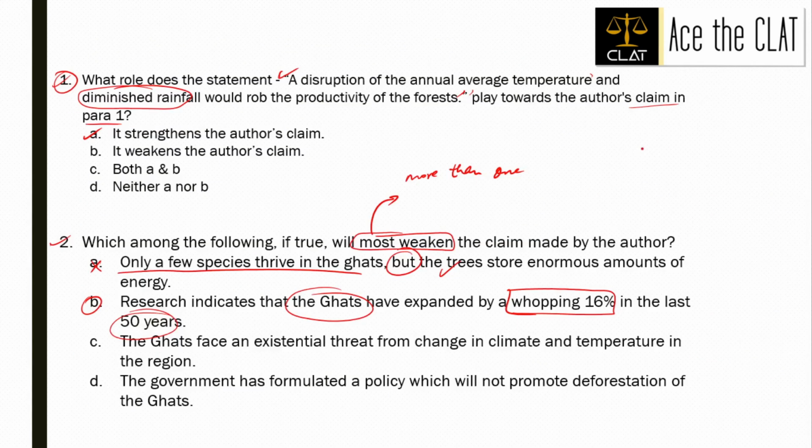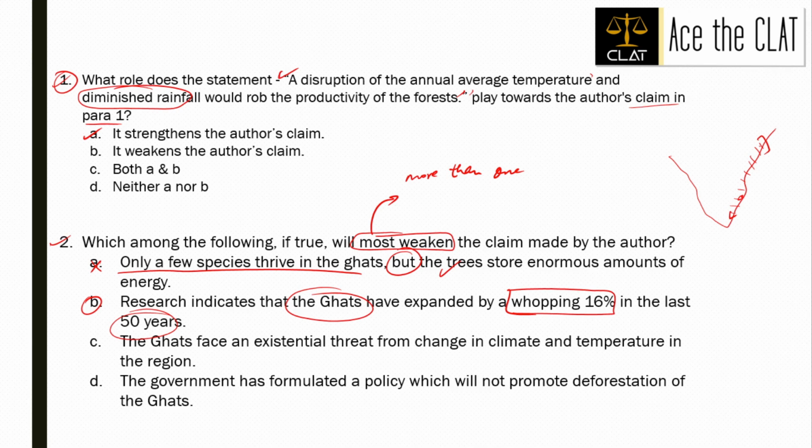Author says that in one part of the Eastern Ghats, so let us say this part is Eastern Ghats, and in one national park of the Eastern Ghats there is a loss of biodiversity, there is a loss of forest area in the last 20 years, but in the whole of the Eastern Ghats there is in fact a whopping 16% increase.